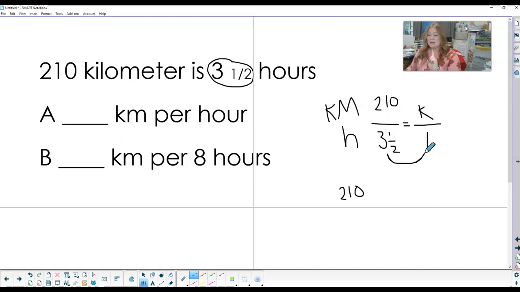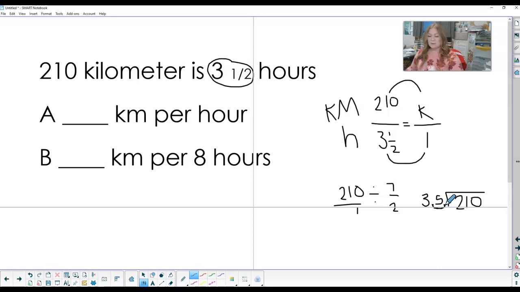So I need to divide by 3.5, divide by 3.5. So I can do this here, and that's 6 plus 1 is 7 over 2, and I can copy dot flip that. Or my other option is I can just divide it and use decimals. Half of a whole is 0.5, and I can divide by 3.5.